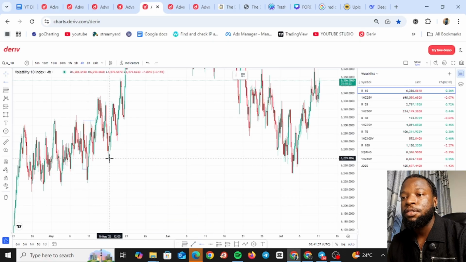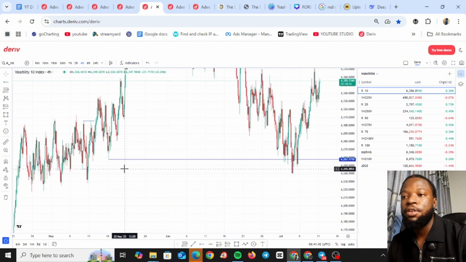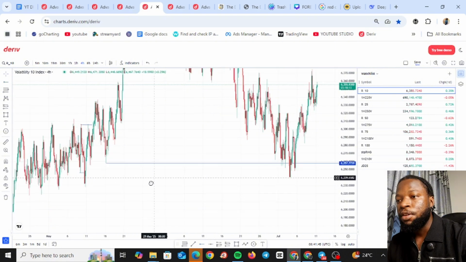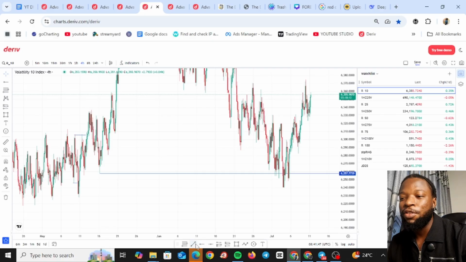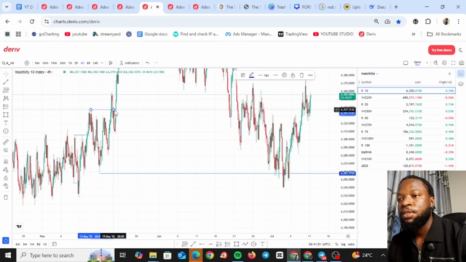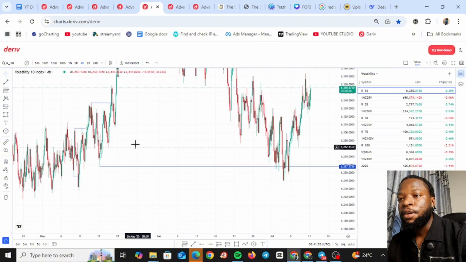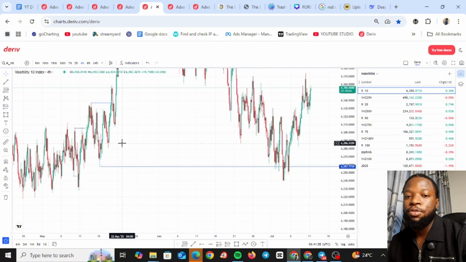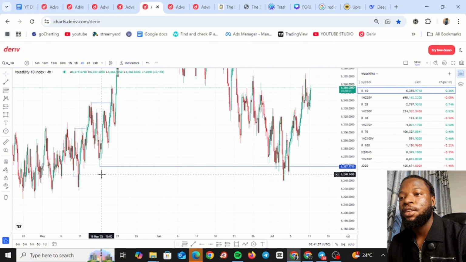Price retraced to give us our 50% retracement, which is this. And what did it do? It breaks structure to the opposite direction, giving us our second break of structure, which is this. And then price is going to come back to take out this newly created liquidity, which is the structural liquidity, and continue to the opposite direction, which it has done here on the 4-hour time frame.